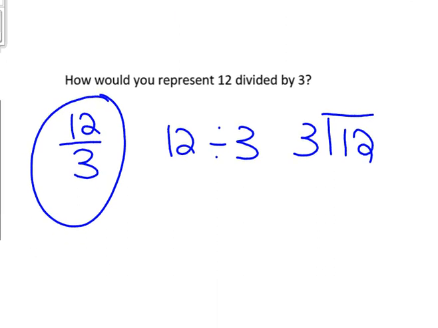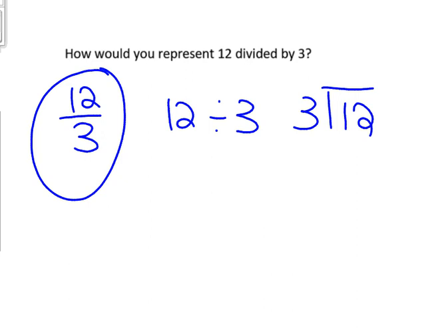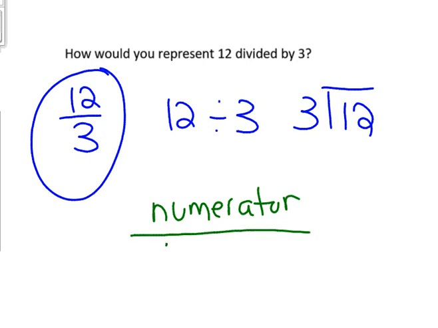Now, the form that this one is in is we have the numerator on top and the denominator on bottom.